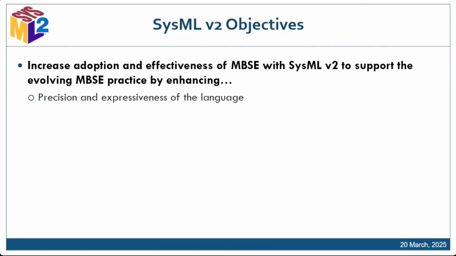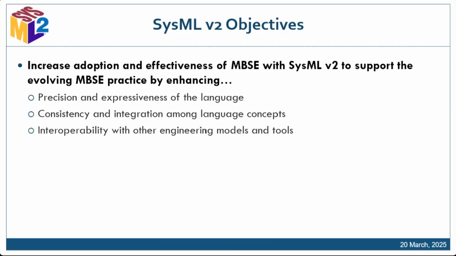And what is this language? It's more precise and more expressive relative to SysML v1 by a long shot. It is more consistent, a more regular language than V1 by a ton. It's much more interoperable than V1 by a ton.